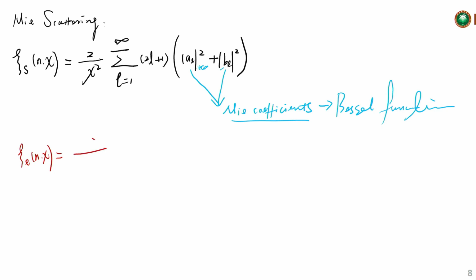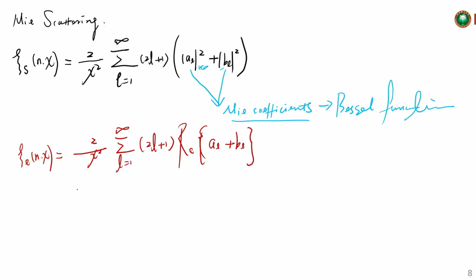It can be expressed also as 2 over chi square, sum from L equals 1 to infinity, of 2L plus 1 times the real part of AL plus BL.